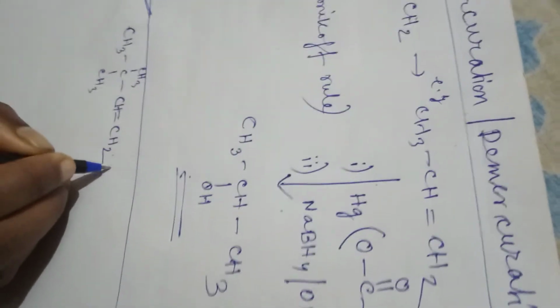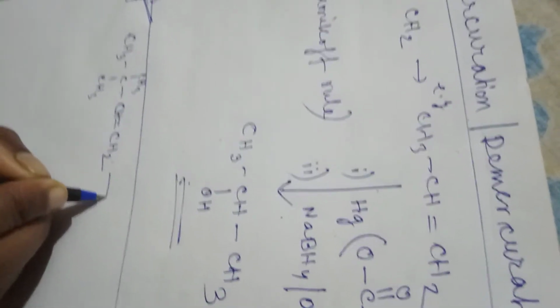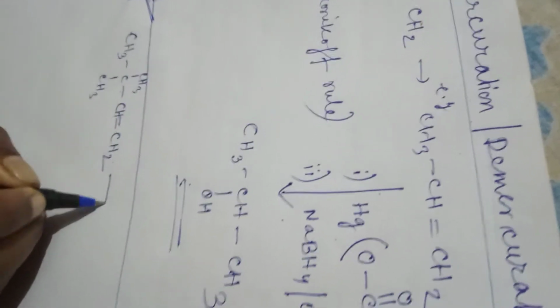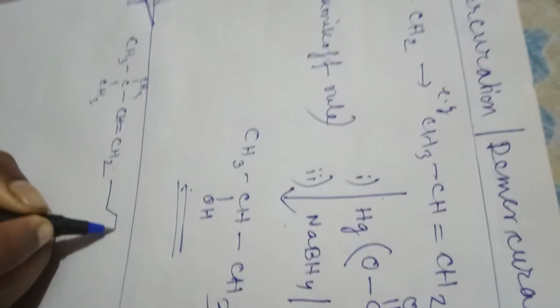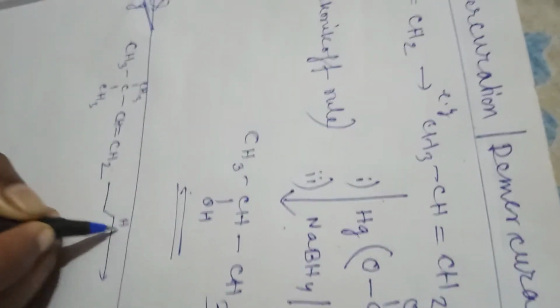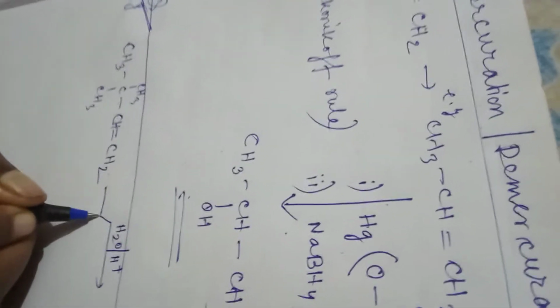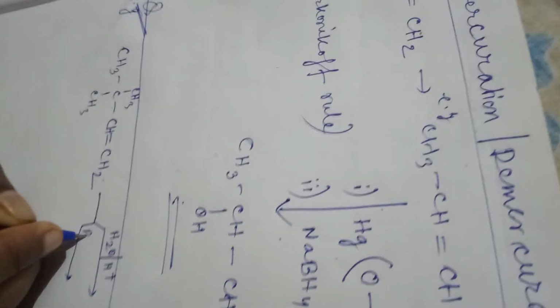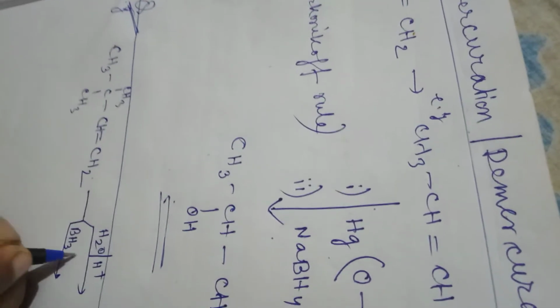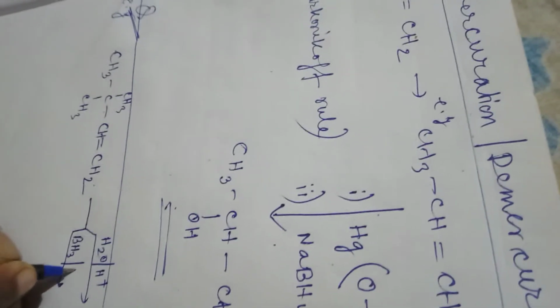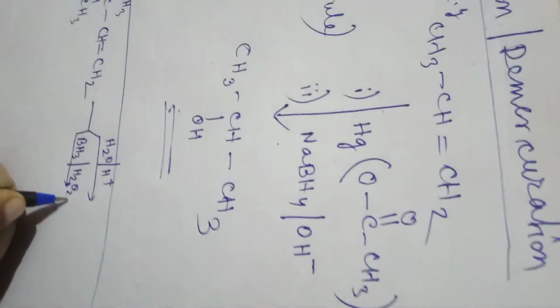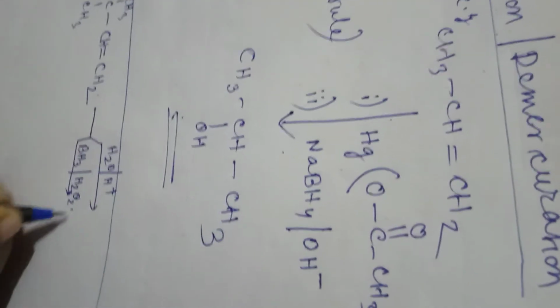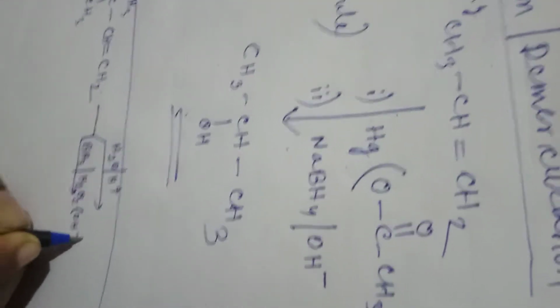Now suppose you are giving three things. One is hydration of alkene, that is H2O in the presence of H plus. Second, we are giving BH3, and then oxidation in the presence of alkaline medium.